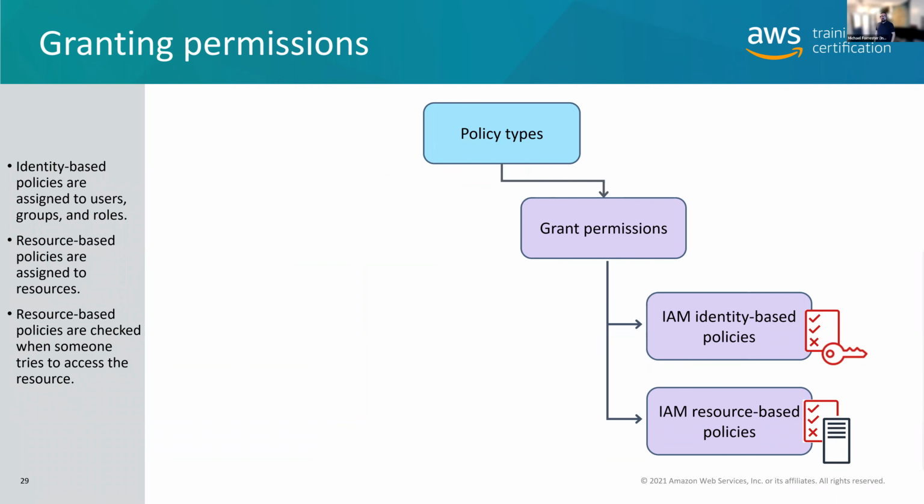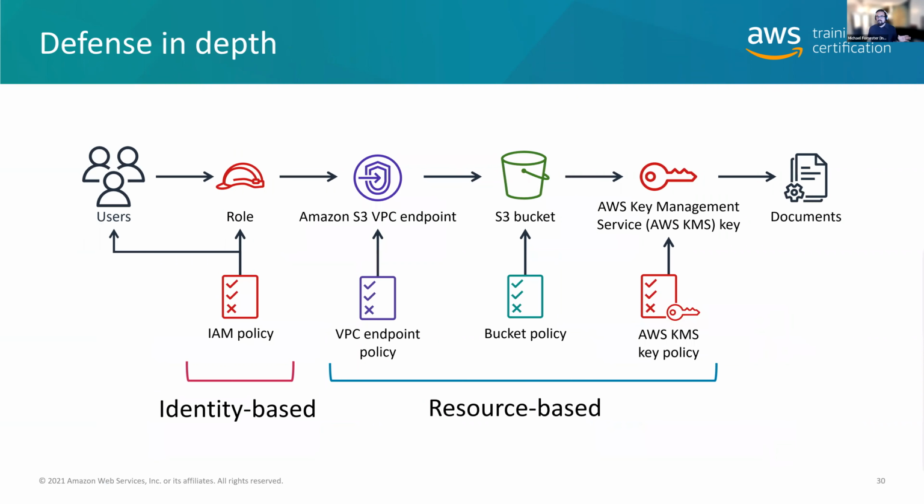Now, again, we talked about granting, right? The only thing that's kind of weird, though, is that these things kind of all work together. All right, let's take a look at this for a second. So identity-based policies, which are the ones that we were just talking about, are IAM policies, and they are attached to a role or user or a group.